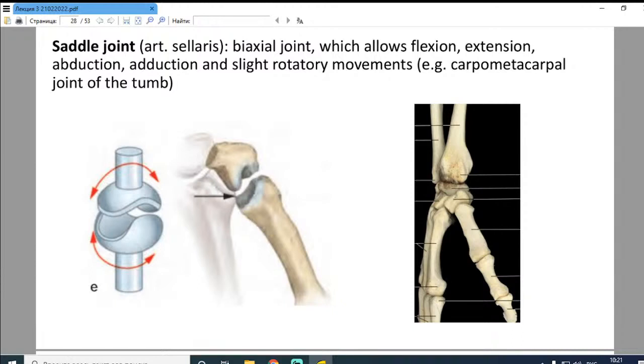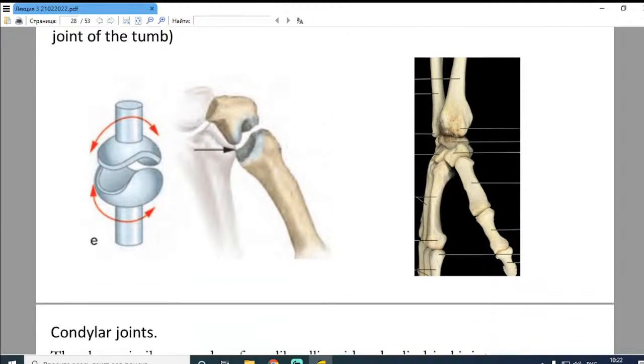This is the first finger. What you see: biaxial joint, saddle joint, a simple joint, diarthrosis joint.